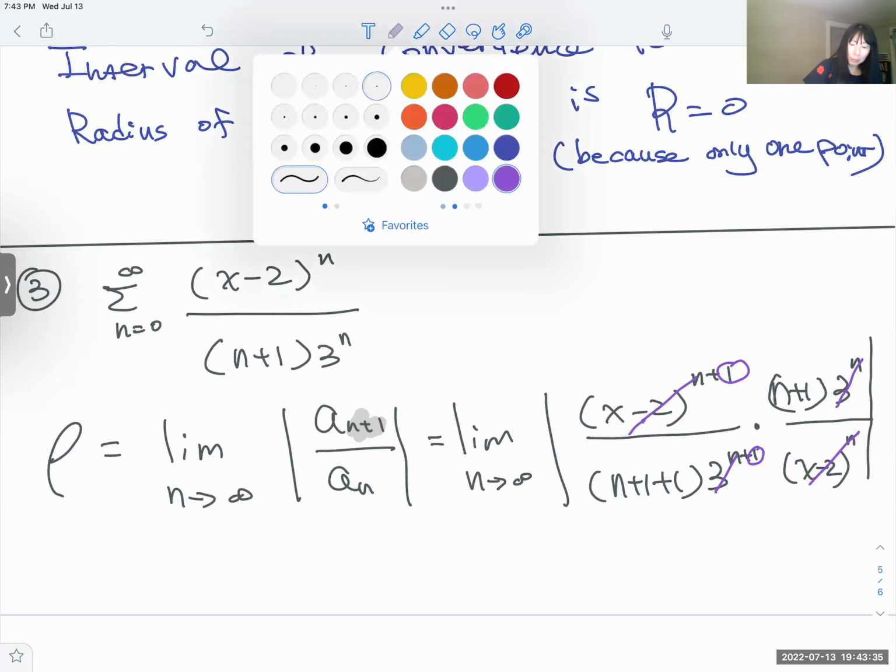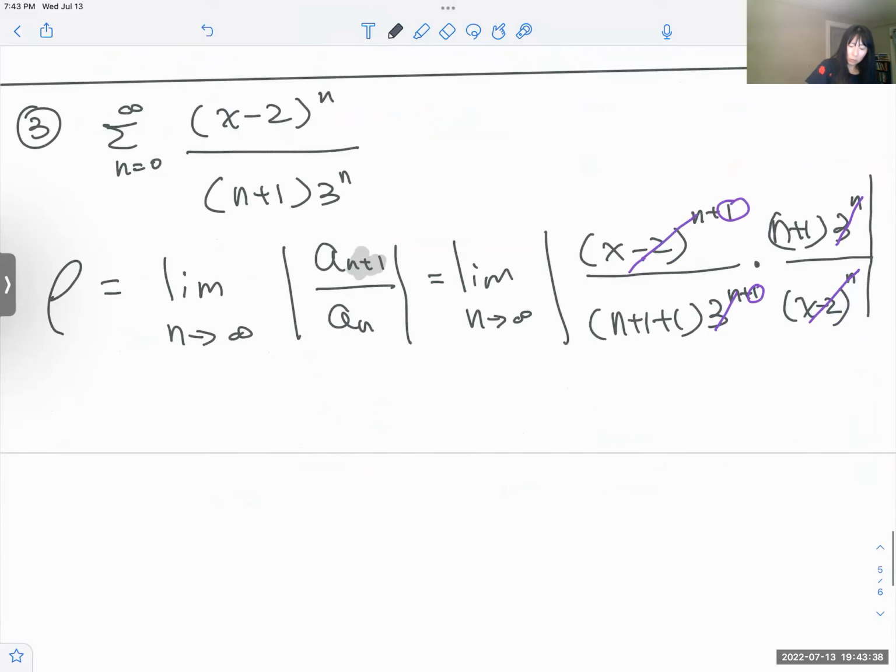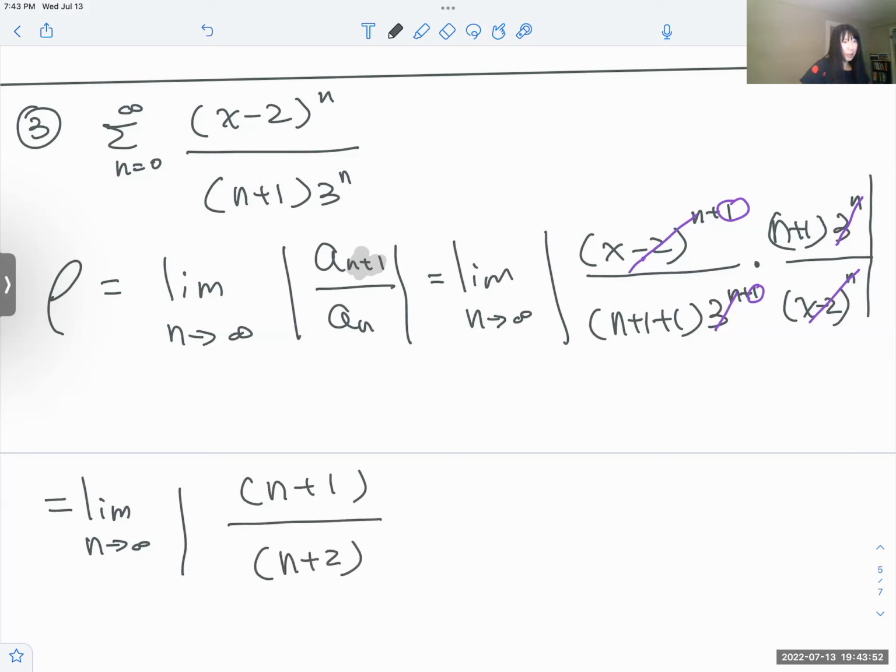So let's arrange a little bit. Okay, so we have n plus 1 over n plus 2 and 3, isn't it? Then x minus 2 there. Oh, almost forgot, right? So x minus 2.